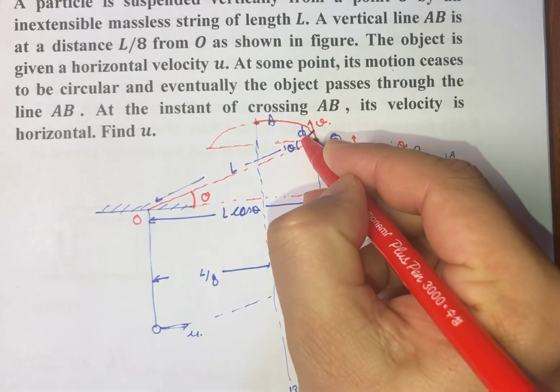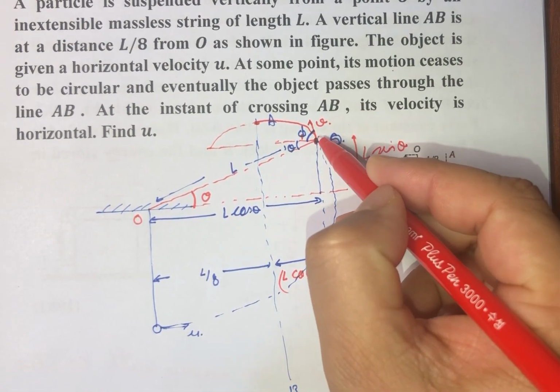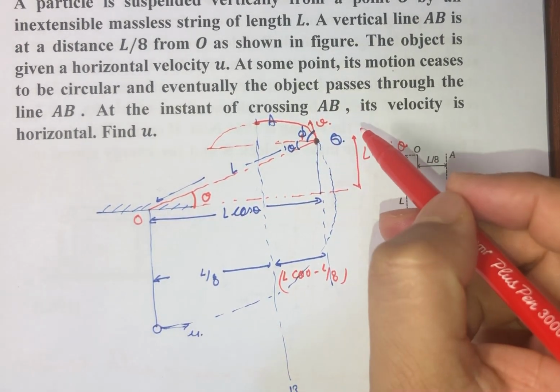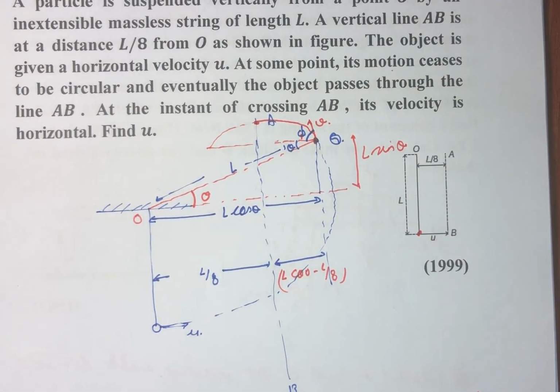So this is the angle phi. So at point Q, this particle is going to behave like a projectile, making an angle phi with the horizontal.